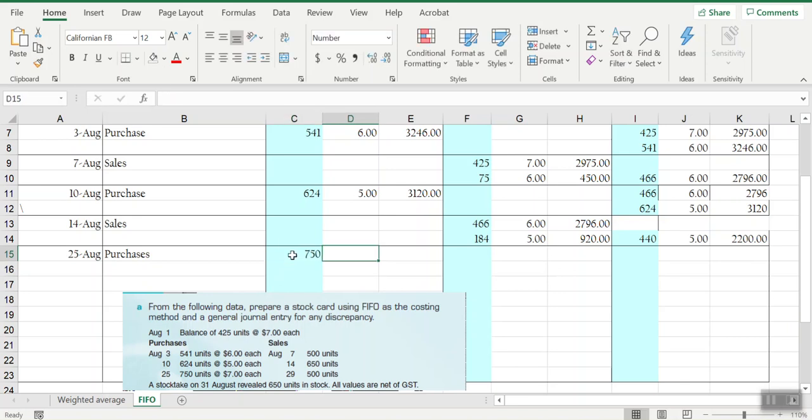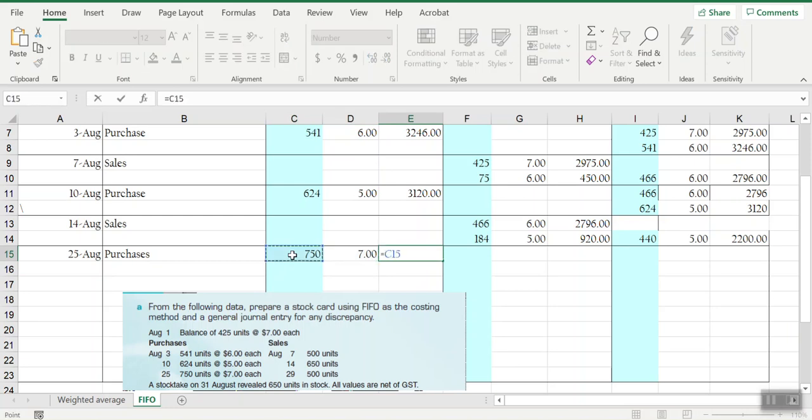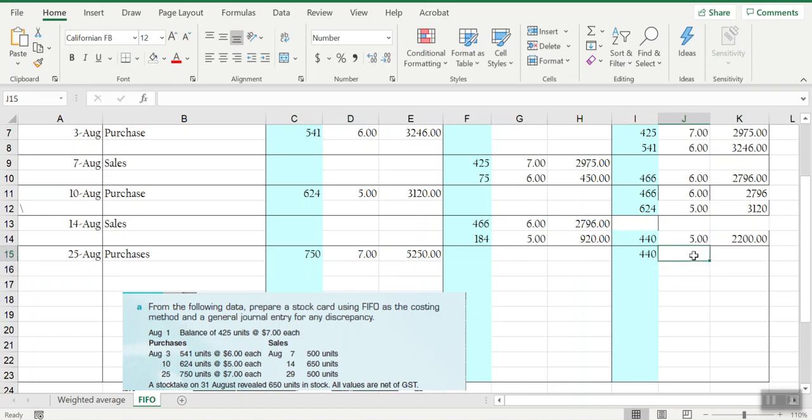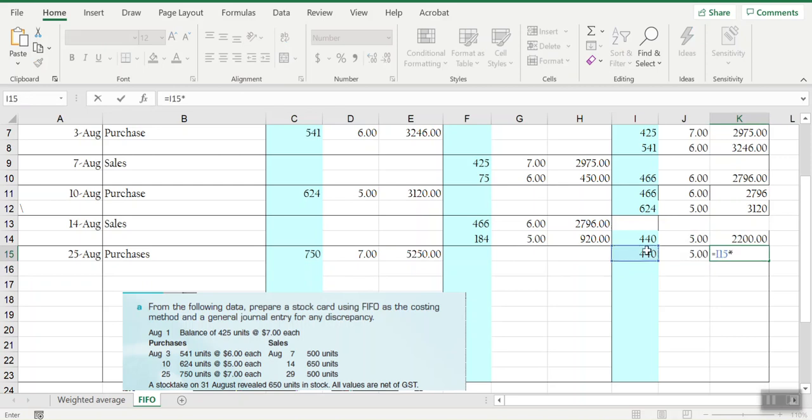Should equal 5,200. So this new stock slots straight under.